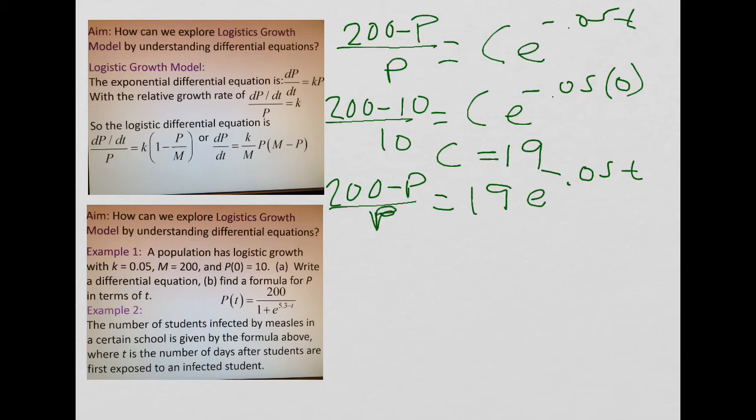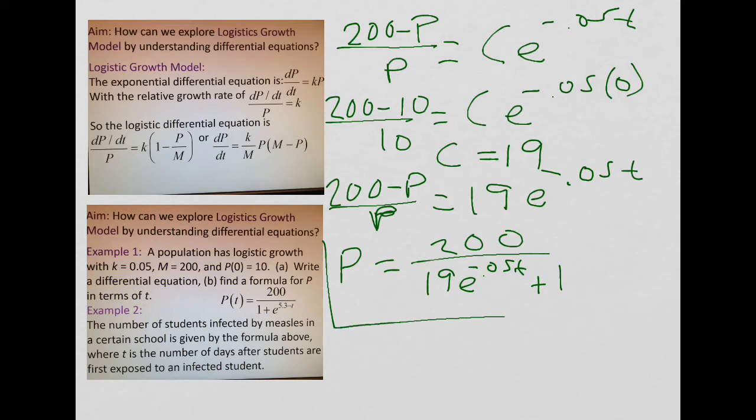We can take a few more steps than I just took here: cross multiply, combine like terms, and this is our formula for p in terms of t. I know that it took some time, but that's okay.